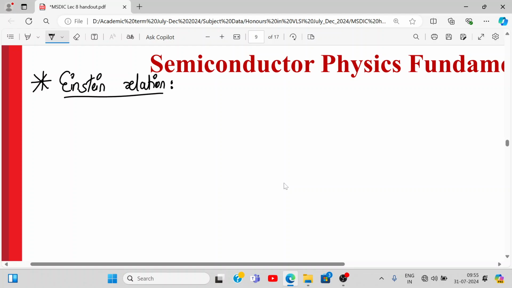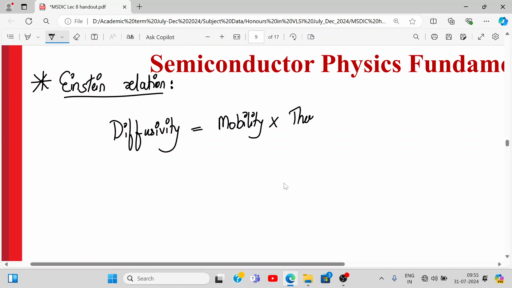Einstein relation is diffusivity. This is related to diffusion and drift process. What is diffusion process? And drift process? Potential gradient. Diffusivity is equal to mobility into thermal voltage.